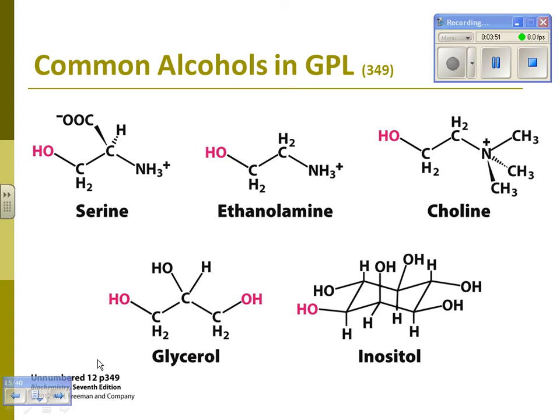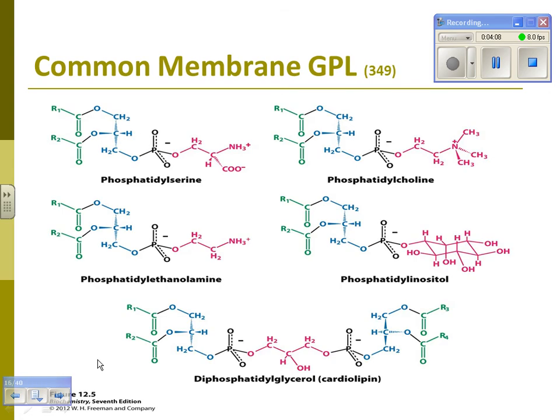These are some common alcohols, and the ones to know, I believe, tend to be choline and ethanolamine, because they're the ones that are going to give you positive charges. Those positive charges make it out to be neutral.